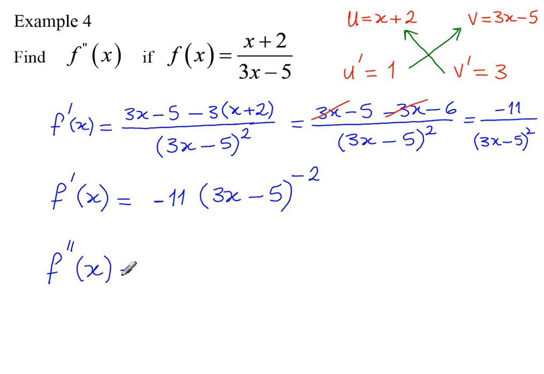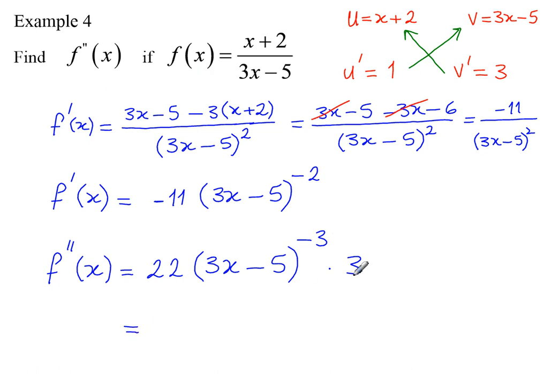So f double dash of x is now negative 2 to the front times negative 11, that's 22, times 3x minus 5 to the power of negative 3 times the derivative of what's inside the bracket is 3.